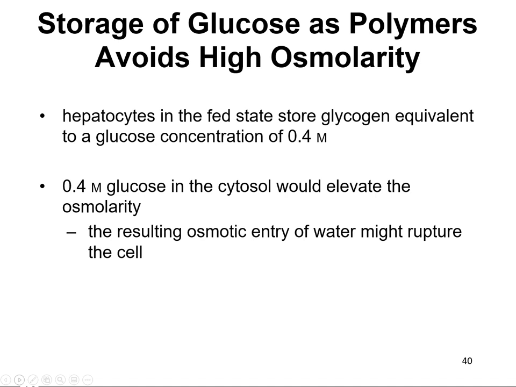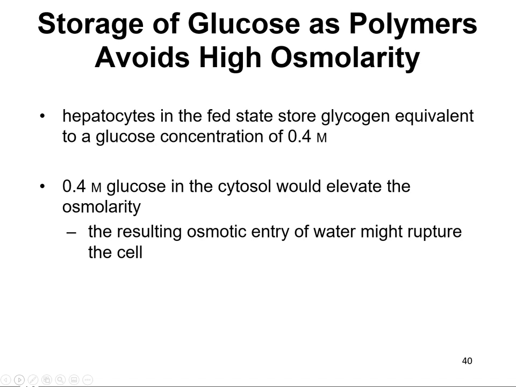So when we store our glucose, storing it as glycogen or as a starch helps to reduce the osmolarity. You would actually have 0.4 molar glucose in the cytosol, and that would make it so that water would absolutely be trying to enter the cell, and it would cause it to rupture.